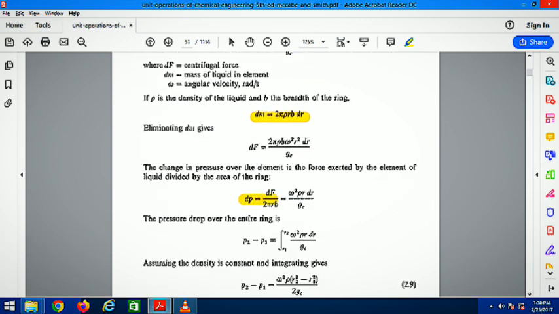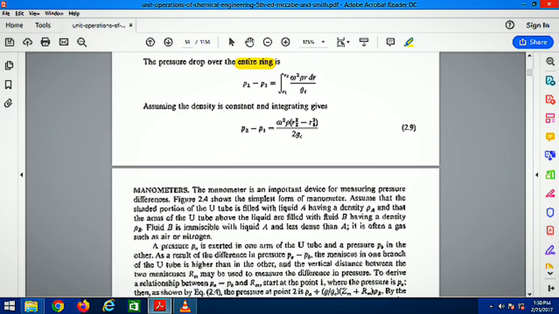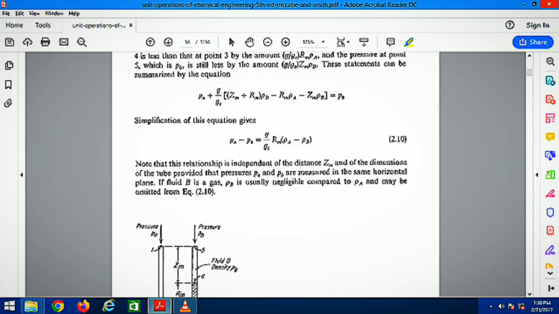Just these two equations, and then we take pressure equal to force upon area, and finally the pressure drop over the entire ring is the integral of rho omega squared r dr upon gc. gc is actually 1 if it's the SI system.